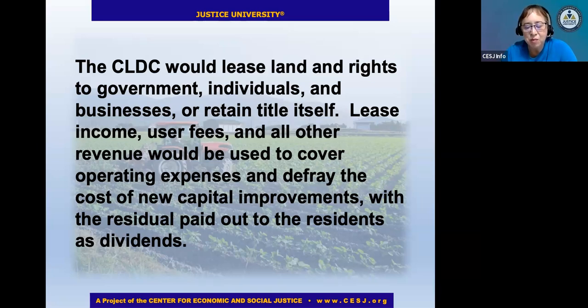And largely that will come through leasing land to companies that want to do business. And so those lease fees, that's the income that's generated by the CLDC. And when expenses are paid off, then any additional residual would be paid out to the residents as dividends.